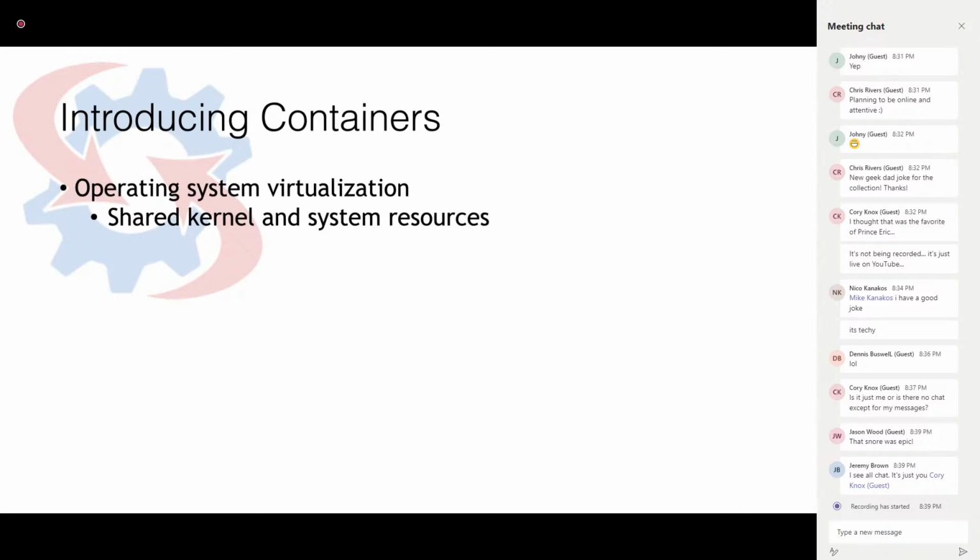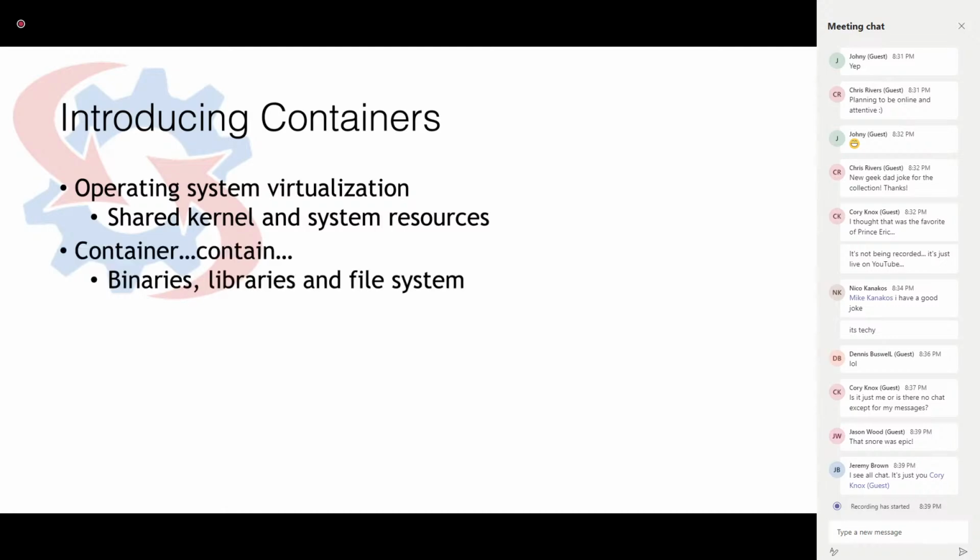What I'm really doing is making little boundaries around processes so that when they run on an operating system, they think they're the only thing running on it. And so we can share the kernel and the underlying system resources of that OS, right? I can run lots of applications that potentially, or historically, might conflict with each other on top of a single operating system, and not really have to worry about that anymore. And we'll see that in action today.